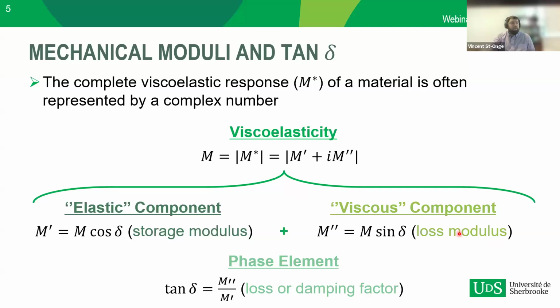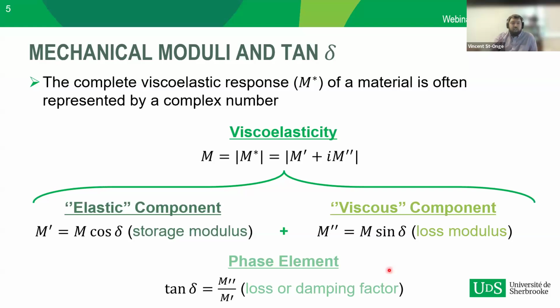When we take the loss modulus and divide it by the storage modulus, we get what we call the tan delta, which is the damping or the loss factor. And if you have access to the storage and the loss moduli, as well as the damping factor, then you have the viscoelastic behavior of your materials.